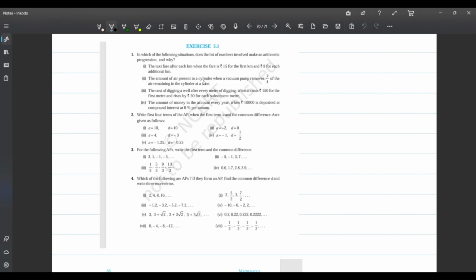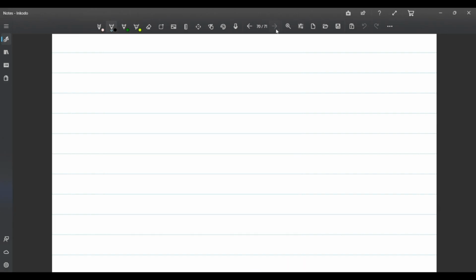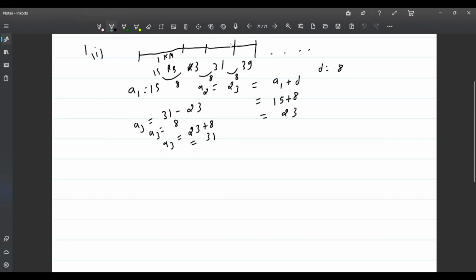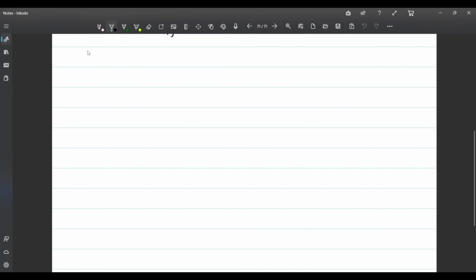In this, let's suppose initially there is 1 unit of air.